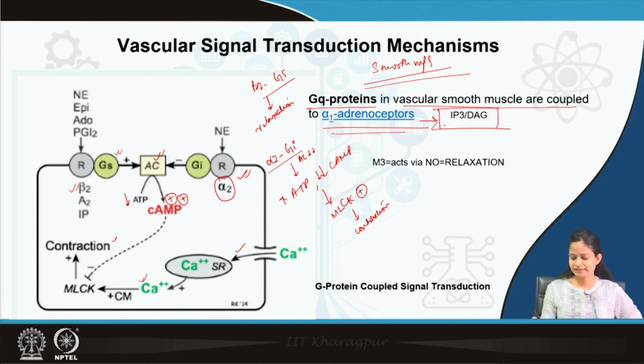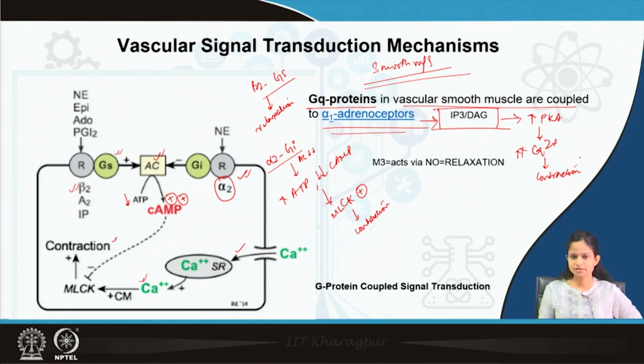So, IP3 and diacyl glycerol, again this will cause increase in the protein kinases and this will cause calcium influx, and this calcium influx will cause contraction. Hence contraction of the vessels occurs because of the alpha 1 adrenoreceptors, which specifically bind to GQ proteins, acting not via adenyl cyclase, but via IP3 and DAG mechanisms.